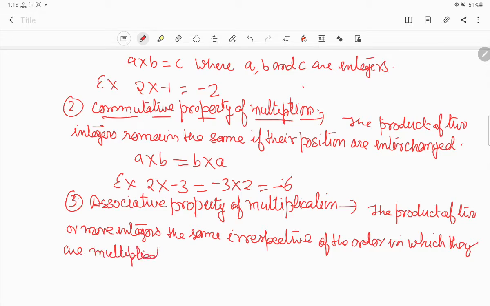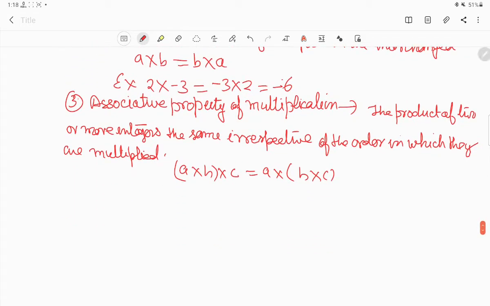It means if you multiply three integers, suppose A, B and C, then first we multiply A and B and then C, that is equal to if you multiply B and C first and then A; the product is the same. It means you multiply the first two and then the third, or you multiply the last two and then the first, the result remains the same.